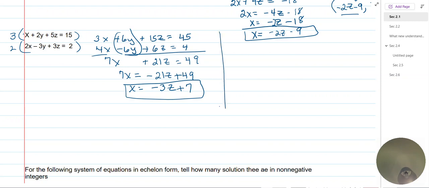All right. So for the y, we're going to do negative 2 plus r1. So I'm going to say negative 2 parenthesis x plus 2y plus 5z equal 15. And the next one is 2x, and that's a minus 3y.